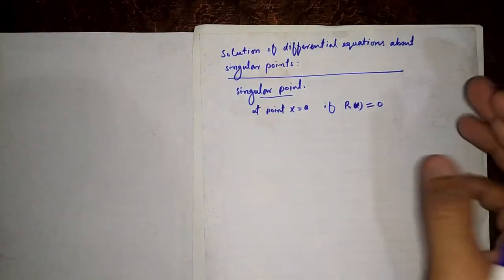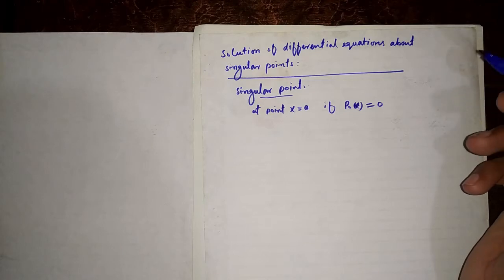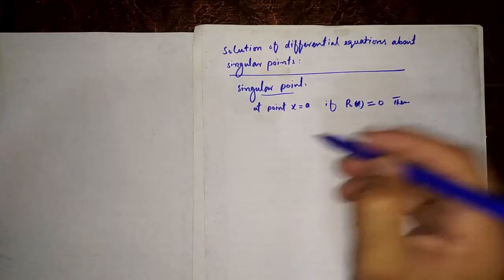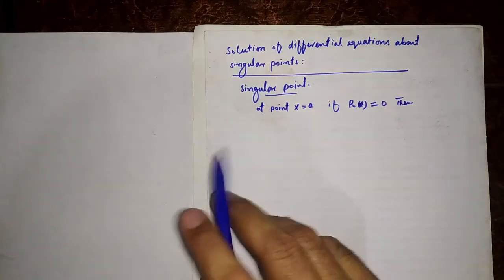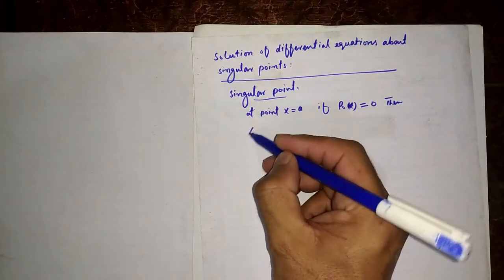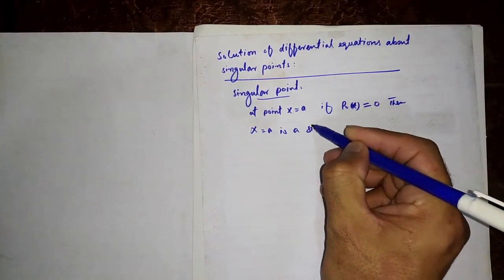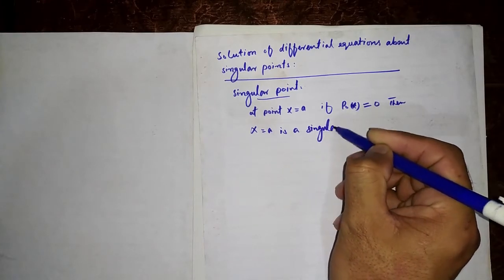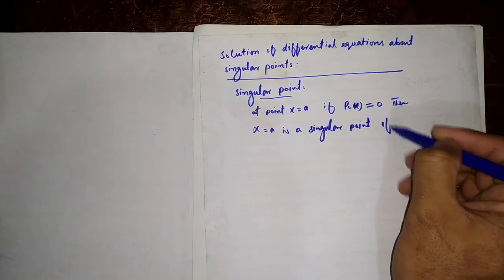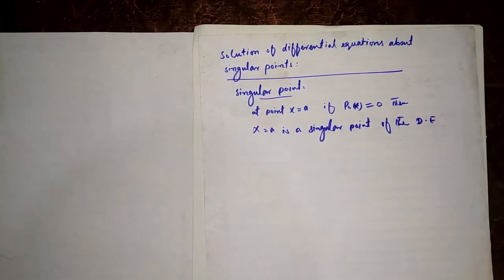If it is analytic, then this point is called the singular point. x equals a is a singular point of the differential equation. Clear?